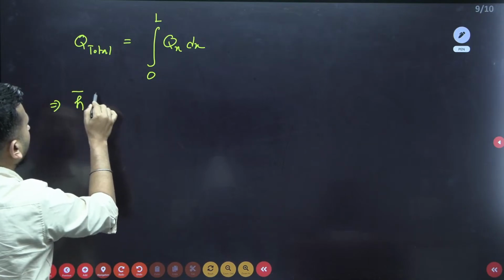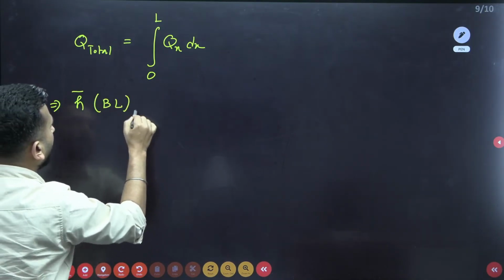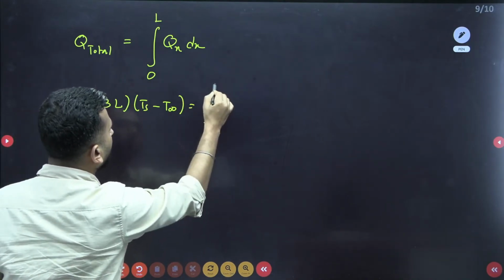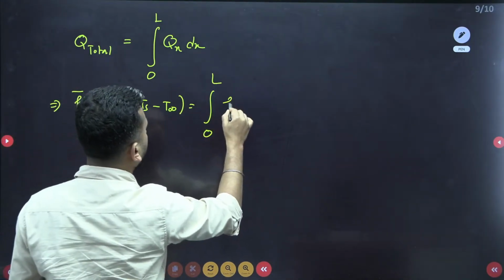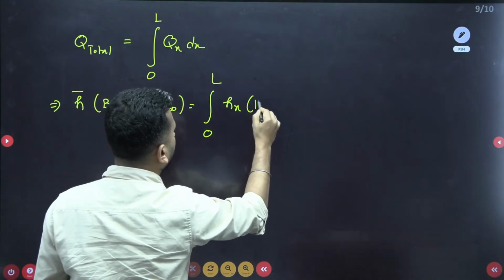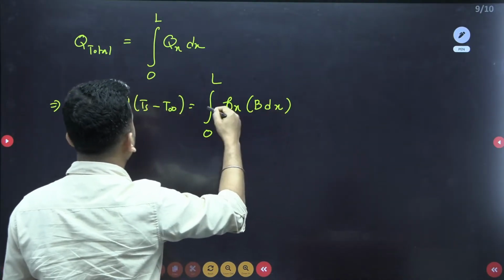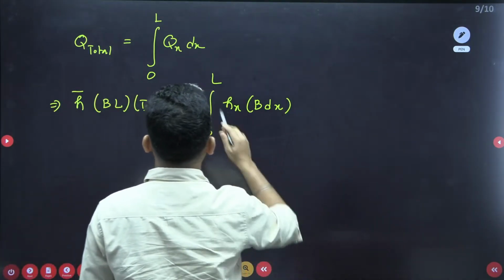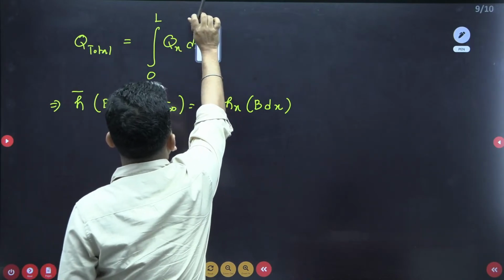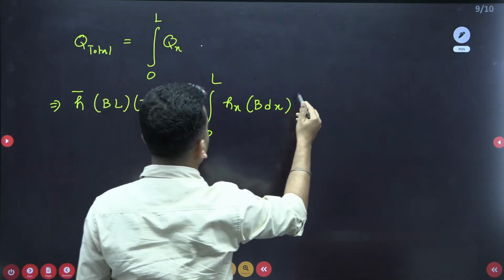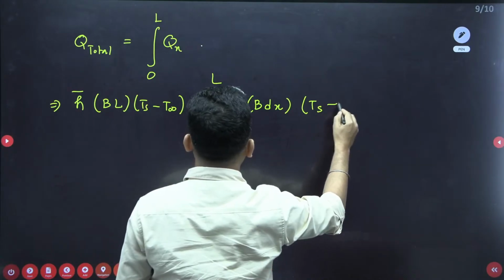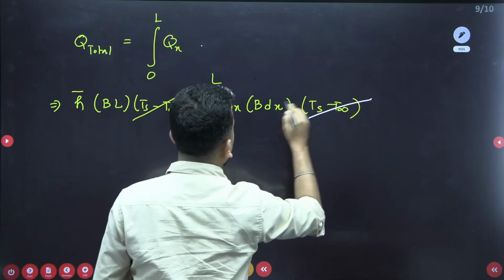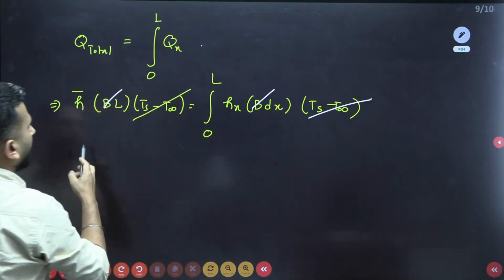This is H bar, and this is BL, and this is Ts minus T infinite, equal to the integral from 0 to L of Hx and B dx, okay. Here I need not write an extra dx, it is anyway coming. So Ts minus T infinite. Now, temperature is constant, we can cancel out B and B.